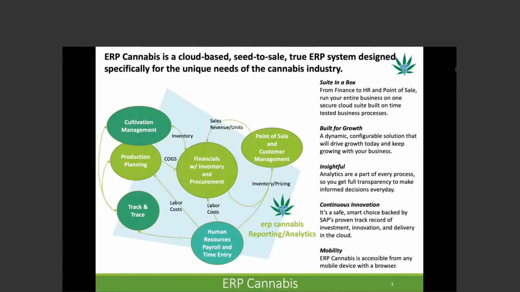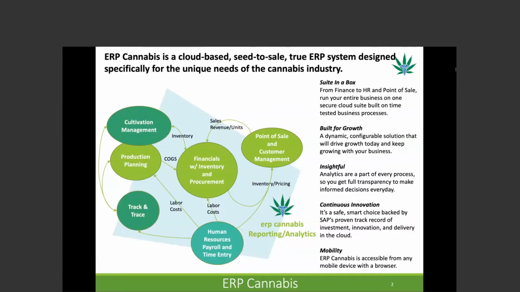So SAP is our partner and supports our core ERP functionality, and combined with SAP's reputation of innovation as well as what we feel is innovative in terms of development of ERP cannabis around SAP, we will continue to build upon that and continue to innovate and improve what we have developed thus far with the ERP cannabis solution.